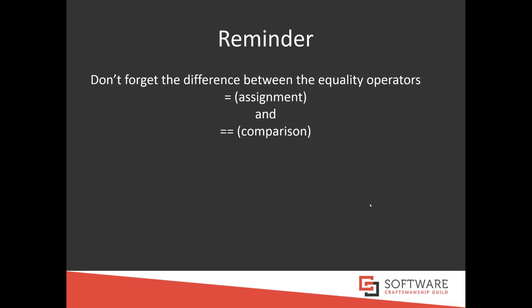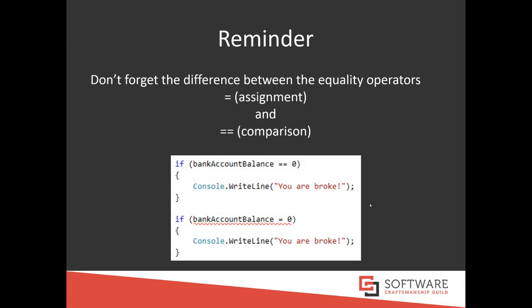Just a quick reminder, don't forget the difference between equality, assignment, and comparison. Equal assigns a value. Double equal, Boolean comparison. Look at this code block here. If bank account balance double equals 0, if the bank account balance is 0, then write out you are broke.